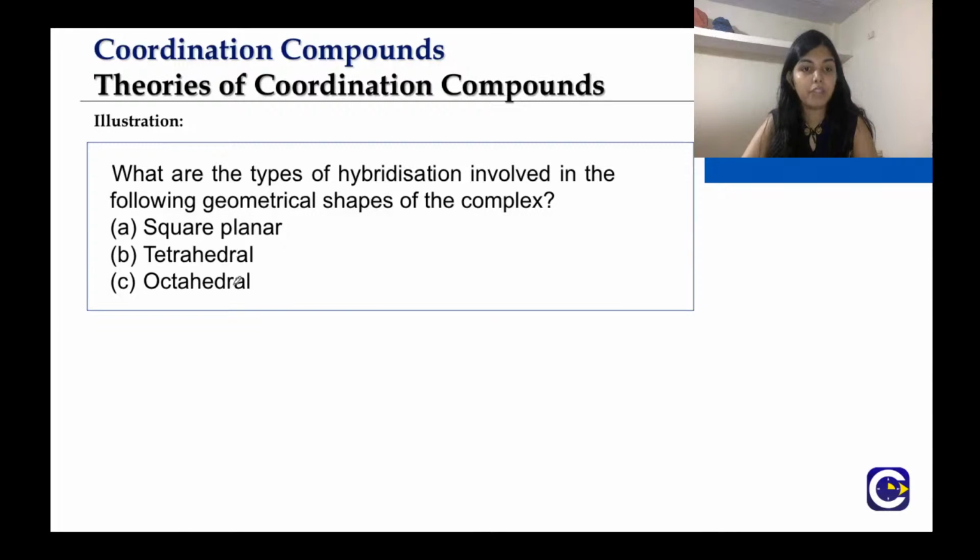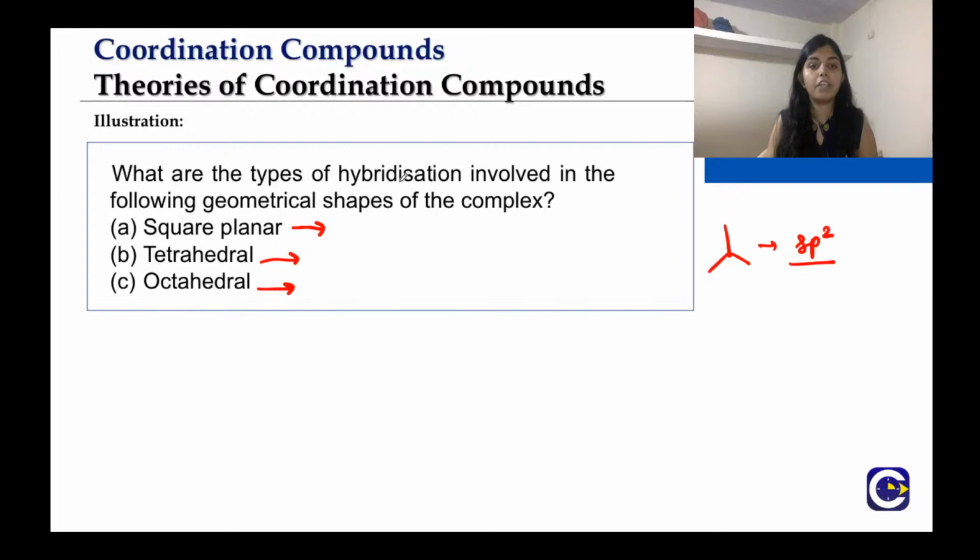For each, you have to tell me the hybridization. That means for square planar, what hybridization is there? Tetrahedral, what hybridization is there? And octahedral, what hybridization is there? For example, in valence bond theory, in chemical bonding that we study, in which covalent bonds are formed, we say that trigonal planar has sp2 hybridization, right? Similarly, here also you have to tell which hybridization square planar, tetrahedral and octahedral will follow.